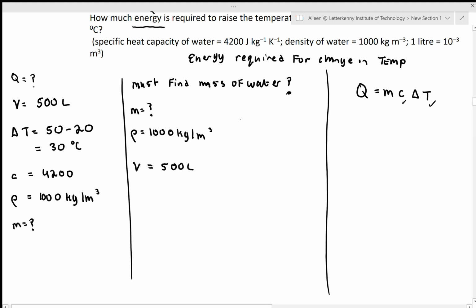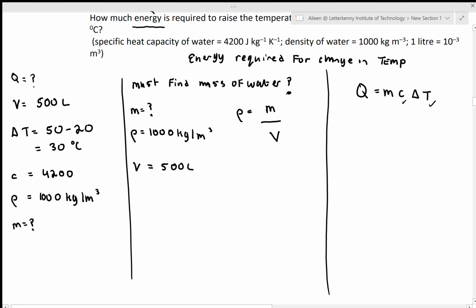I know that the density is equal to my mass divided by my volume. So I can find my mass because I have my density and volume values. But don't forget, you need to convert your units first. So if I have my density in meters cubed, I must get my volume in meters cubed as well.